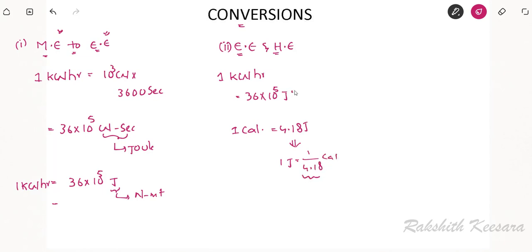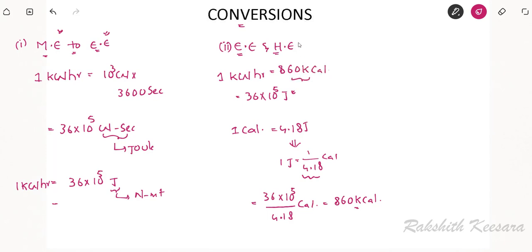I am substituting the same thing here. That is 1 kilowatt hour is equal to 36 into 10 power 5 by 4.18 calories. This will be equal to 860 kilocalories. So 1 kilowatt hour will be equal to 860 kilocalories.